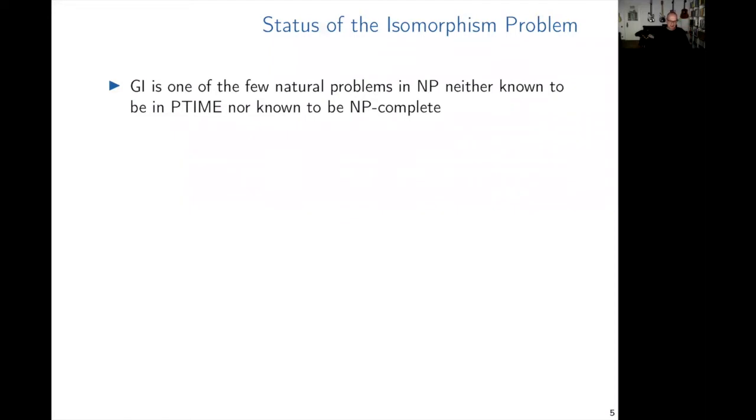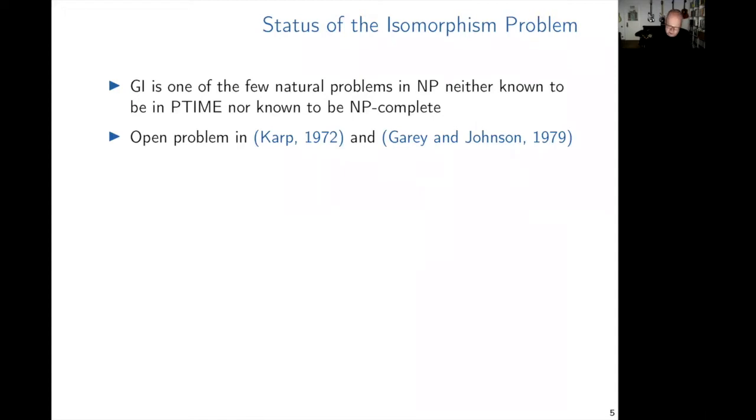GI is one of the very few natural problems in NP for which we don't know whether it is in P or NP-complete. That's still open, and it's a very well-known open problem. For example, it was mentioned in Karp's well-known paper on NP-complete problems, and also in Garey and Johnson. It's one of, I think, two problems that are still open from Garey and Johnson.